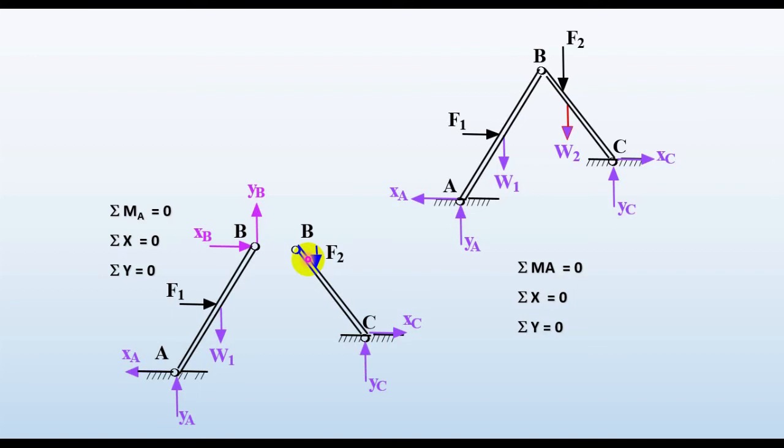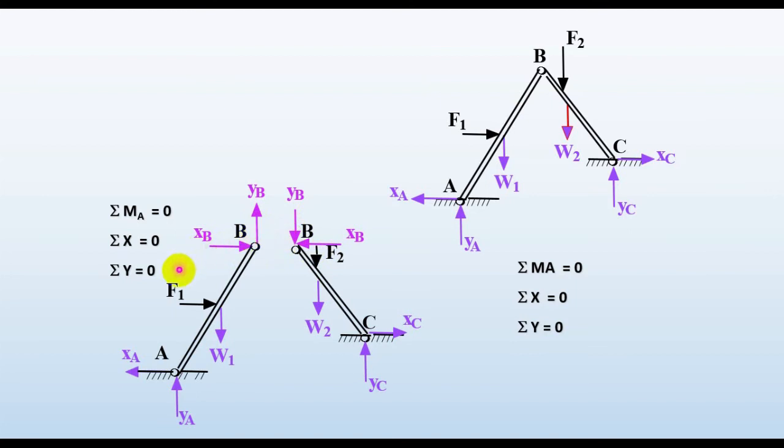So X and Y here, and XB and YB will be in the opposite direction. Because if I collect this body as it was before, this one and this one will cancel each other, and this one will also disappear.